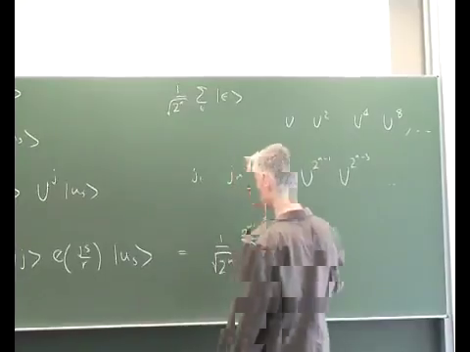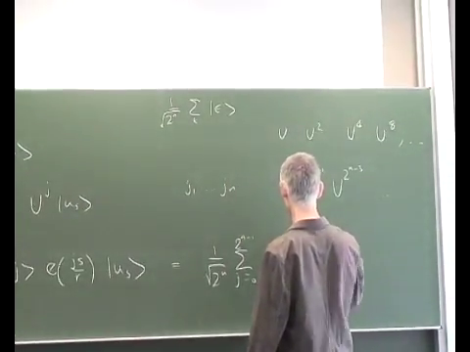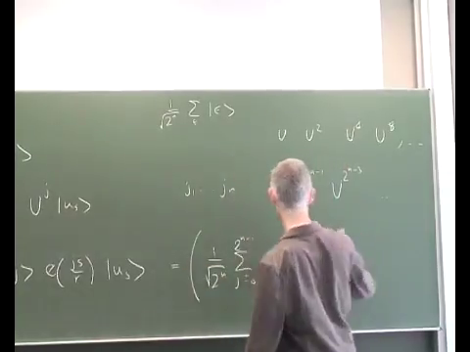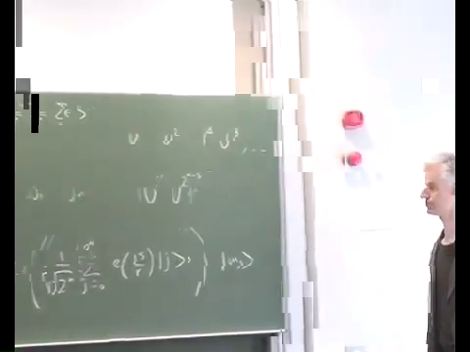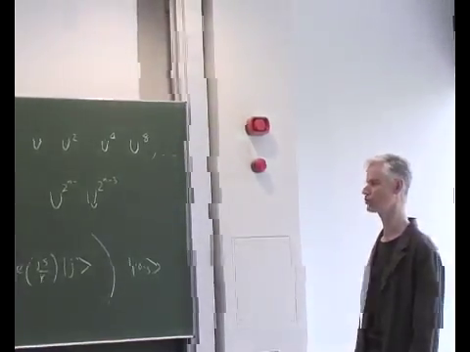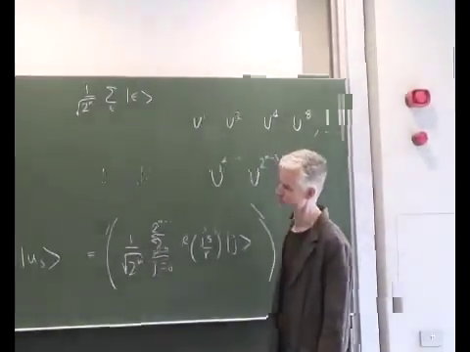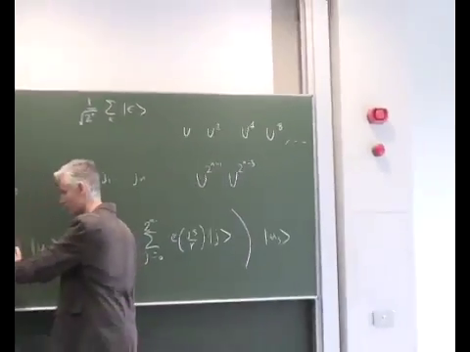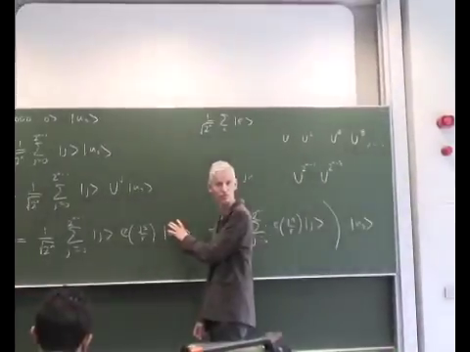j equals 0 to 2 to the n minus 1, e to the js over r, |j> times u_s. This is another thing. It looks as though I haven't done very much, but there's something interesting going on there, which is the phase e to the j s over r naturally attached itself to the u_s.